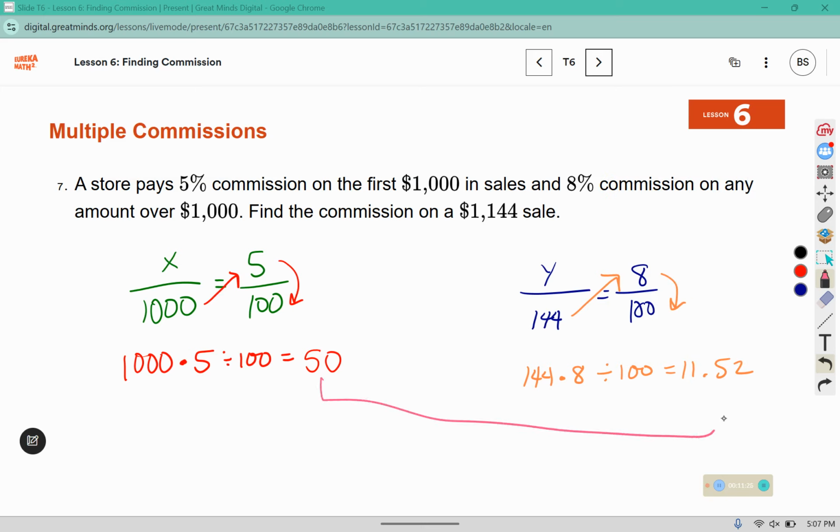So all together, if we combine those two values, $50 plus $11.52 is $61.52.